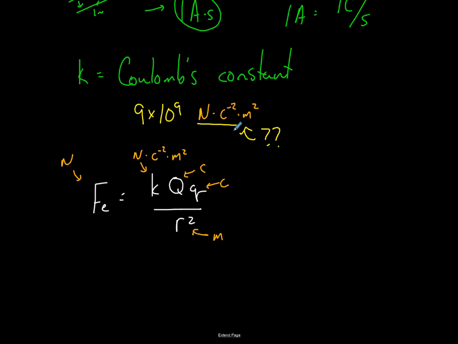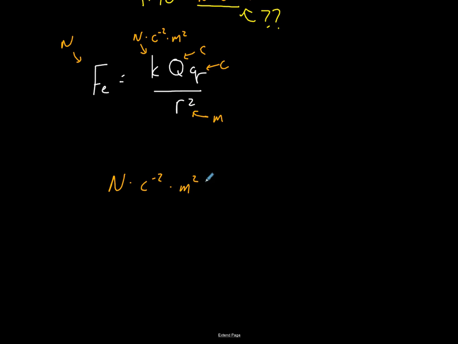However, this is not in base units, so we have to convert it out to base units. Newtons, Coulomb -2, meters squared is the most logical way to write it, but it wouldn't be fully correct. Newtons are kilogram meter per second squared, right? Coulombs are amp seconds, so amp -2, second -2, and meters squared.